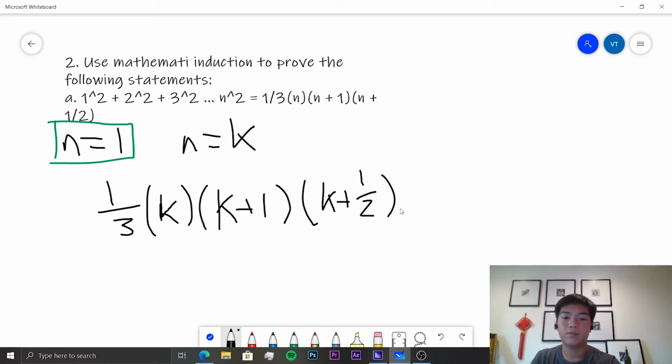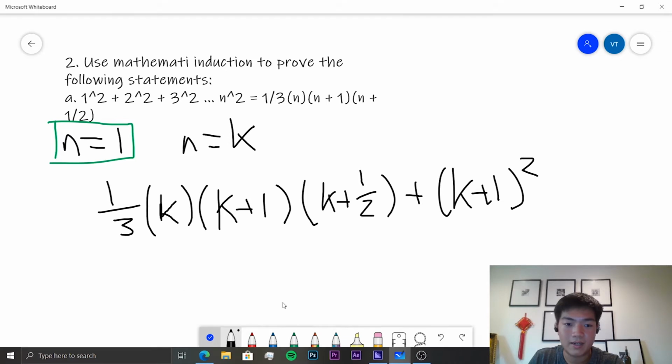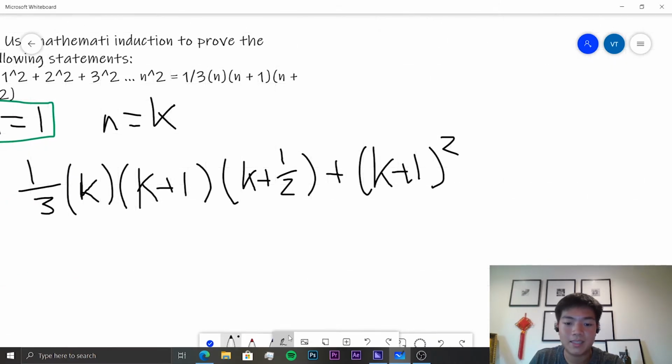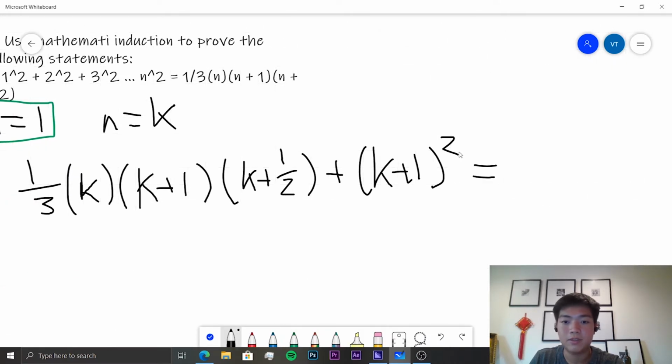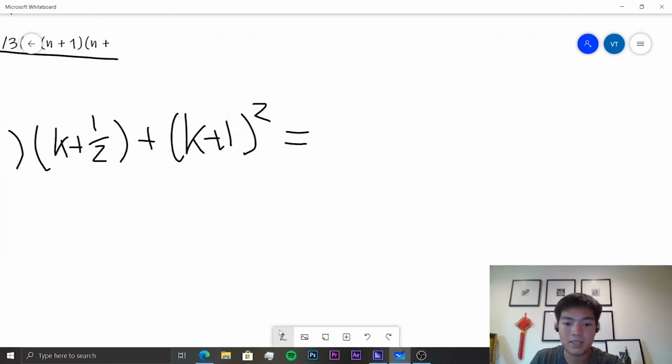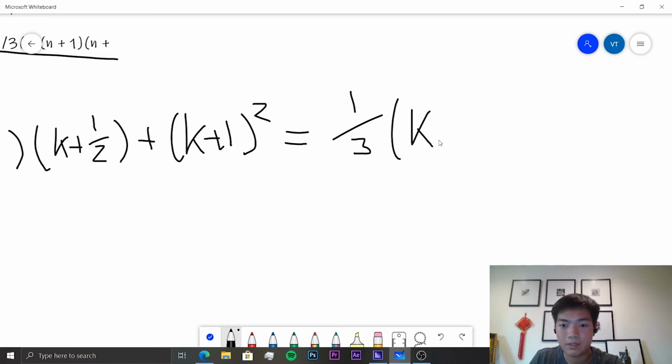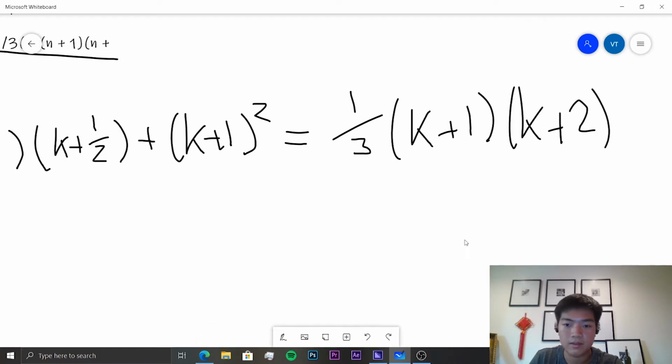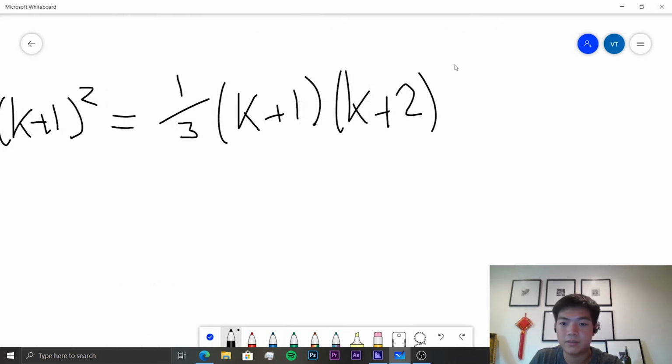And so we want to prove that if we add k plus 1 squared to this, then the right-hand side will be equal to this if we substitute n equals k plus 1, which in this case is 1/3 times (k plus 1) times (k plus 2) times (k plus 3/2).